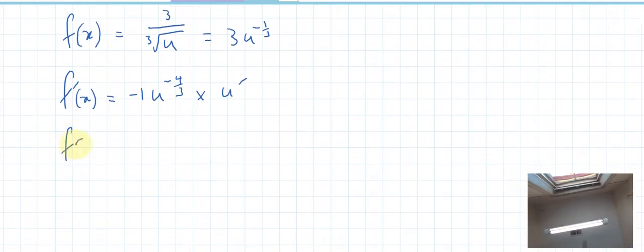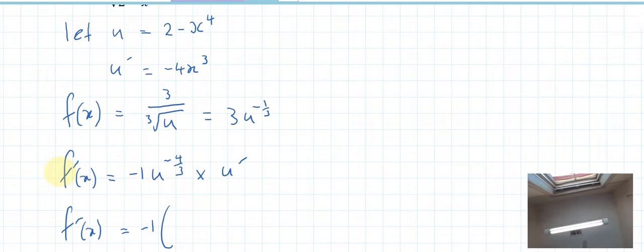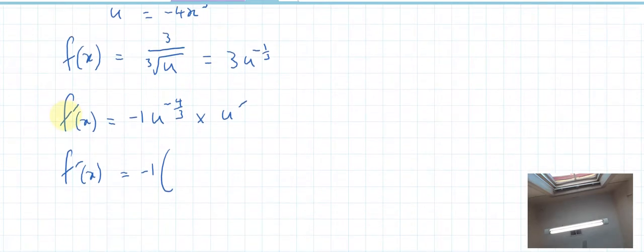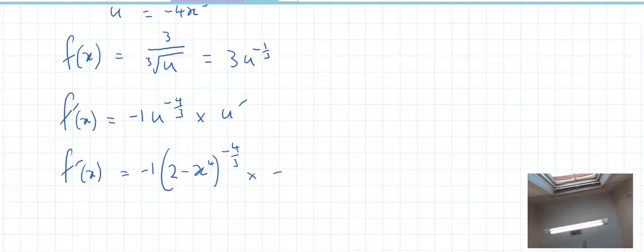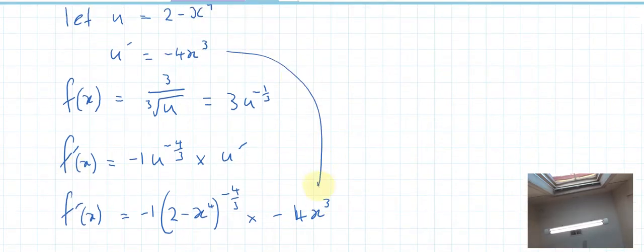Then f prime x equals, now we make the substitution back, minus 1 bracket 2 take x to the power of 4, to the minus 4 on 3, multiplied by negative 4x cubed. That's come from there.